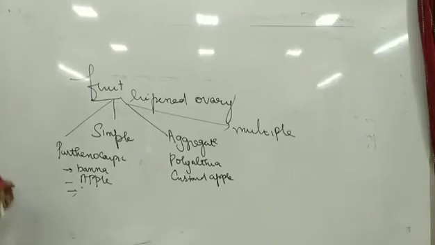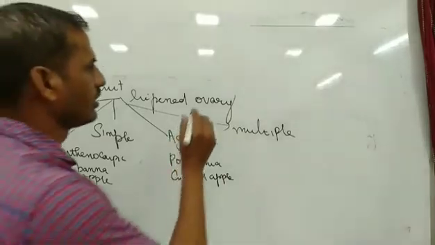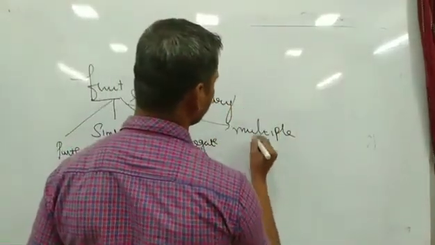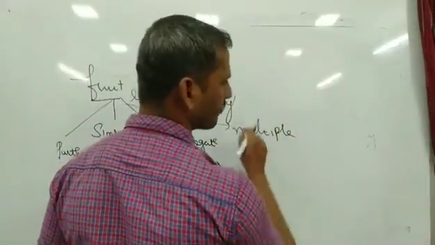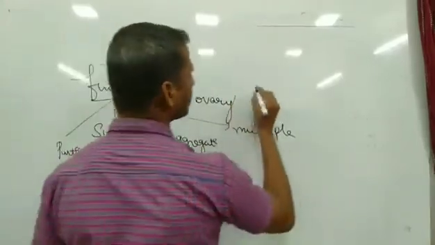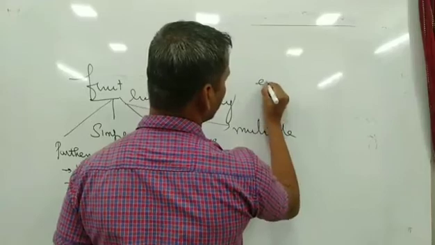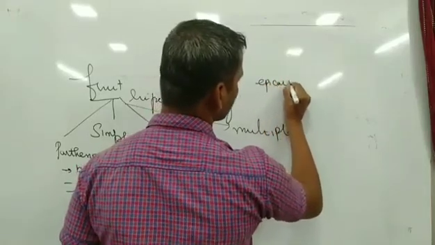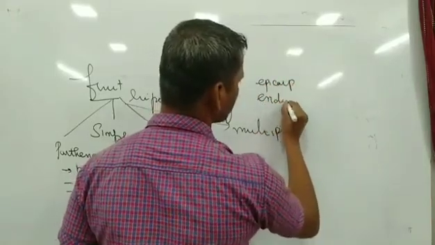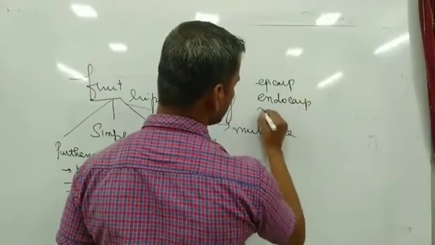Another thing: when you come to multiple fruits, it is more than one fruit, aggregate. The fruit has three regions: epicarp, endocarp and mesocarp.